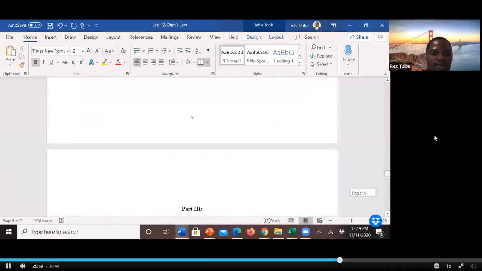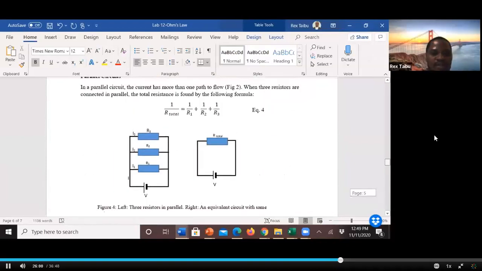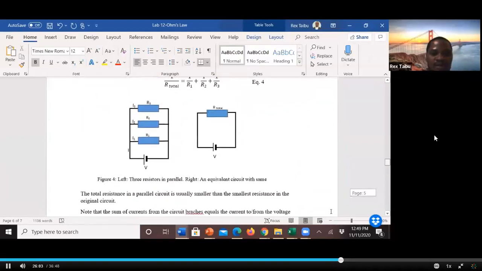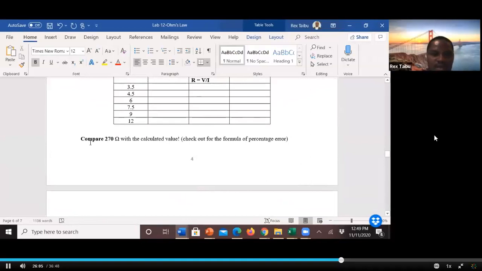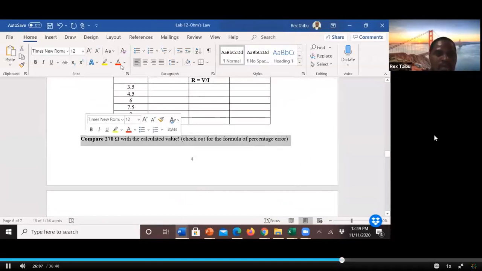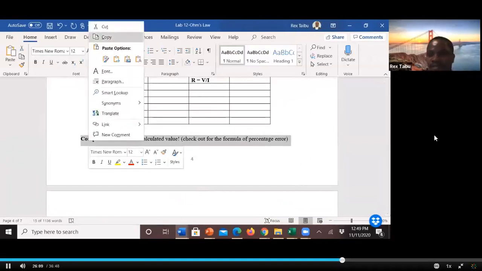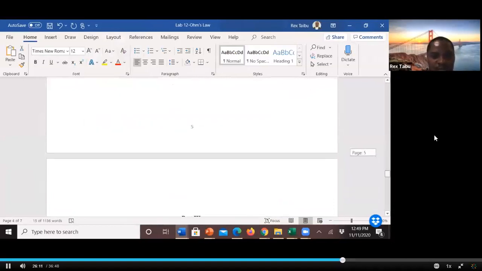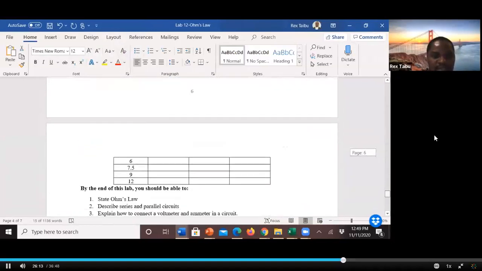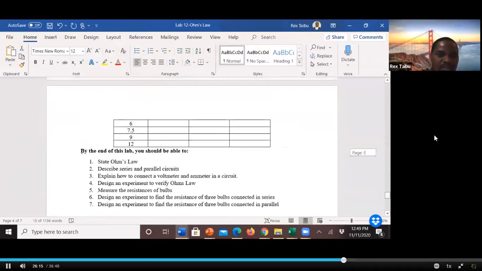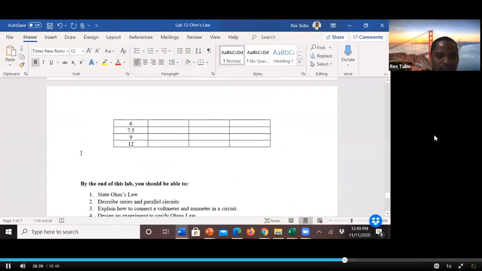So I copy that one. The percentage difference should be comparing 1 and 5. So let's put percentage difference here.